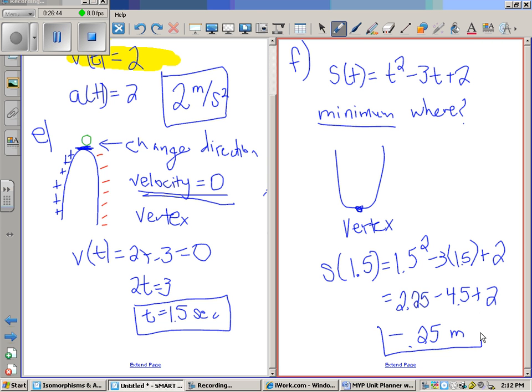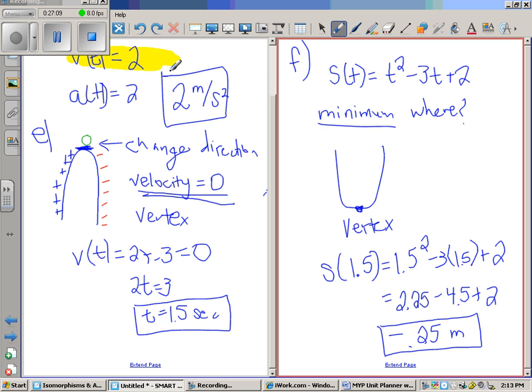So this particle gets as low as negative 0.25 on the number line. That's the lowest it gets in terms of its position. So that is how you find where the minimum is. We found what time it changed direction, and if it's a parabola that's upright, the place that it changes direction is its vertex.